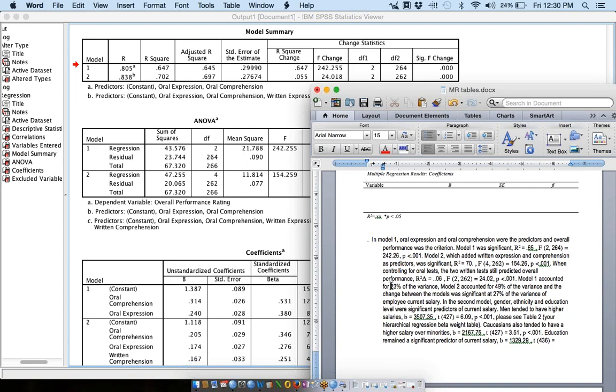Okay. And then Model 1 accounted for 65% of the variance. Model 2 accounted for 70%. And the change between the models was significant at 6% of employee overall performance.